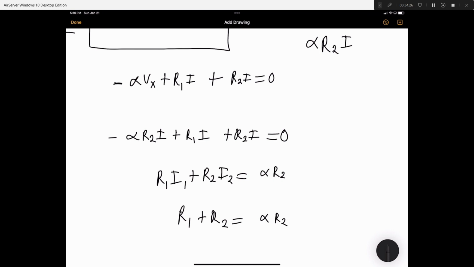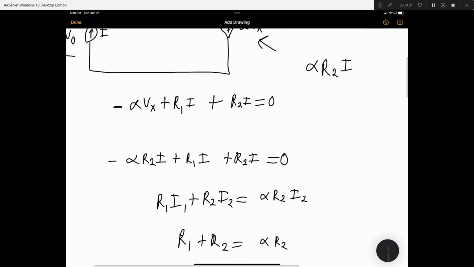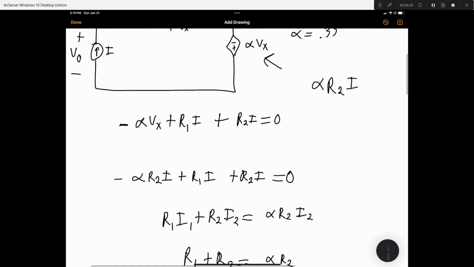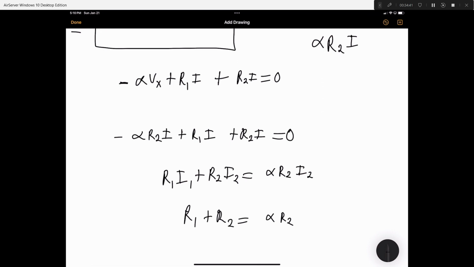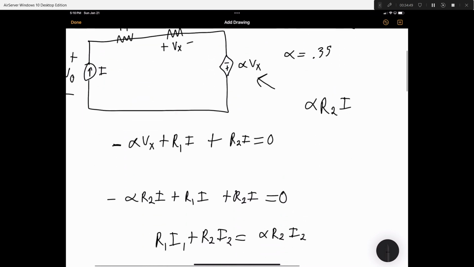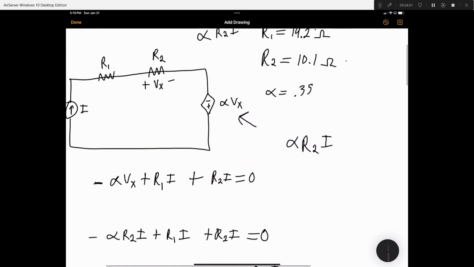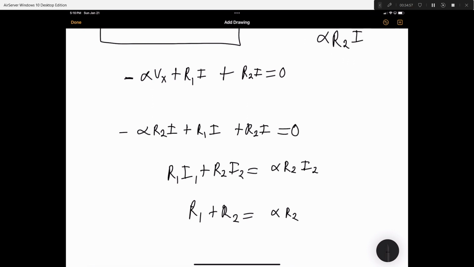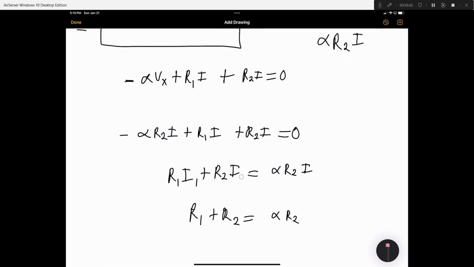Well, the current going through R1 and R2 should be the same. Times alpha 0.35. The current should be the same for that substitution.